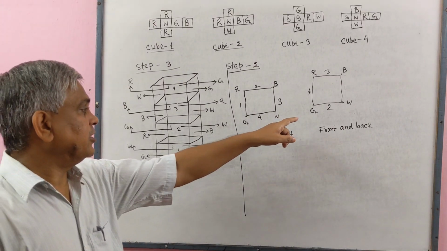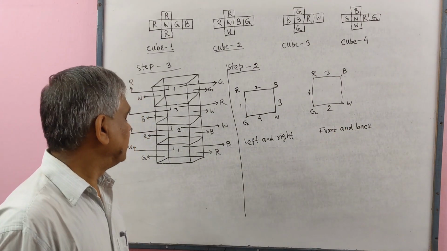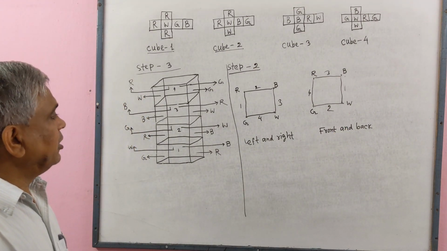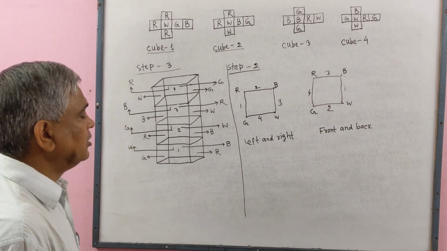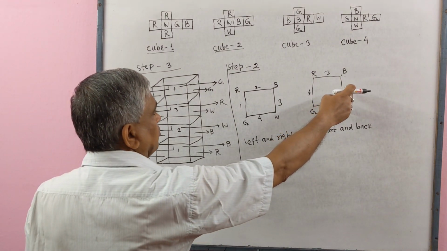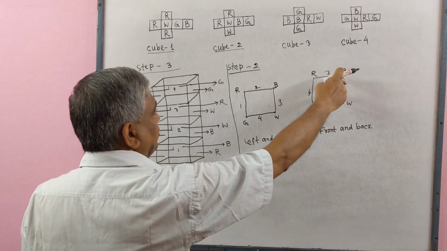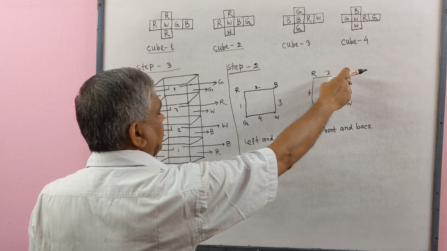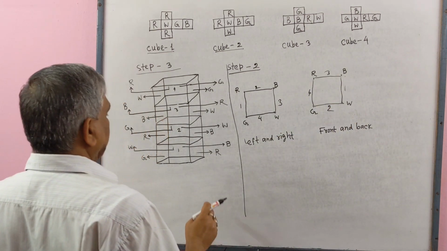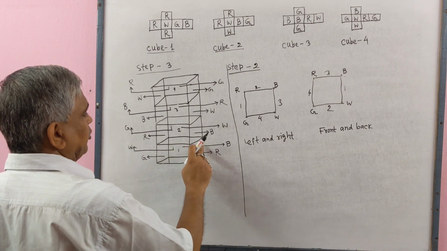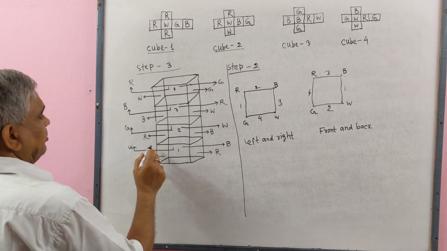We consider the second subgraph for front and back. We give the color in front and back. Here we see that this is the first cube. One side we give color B and the other side W. This is the arrow for the front side and this is the arrow for the back side.